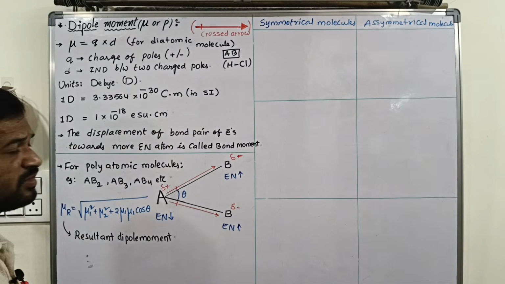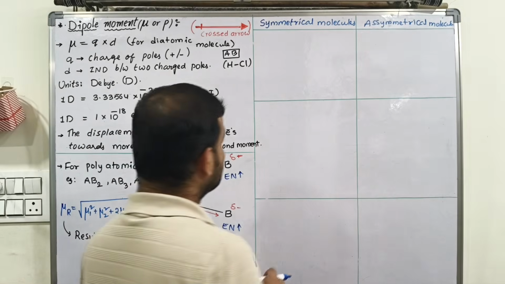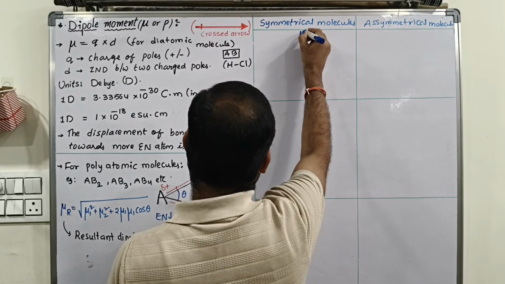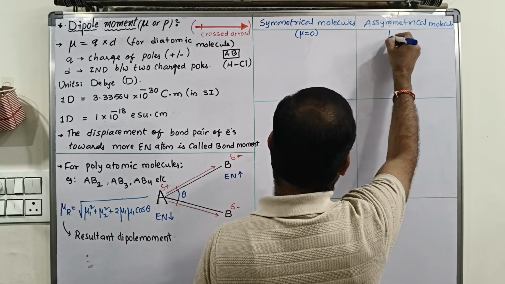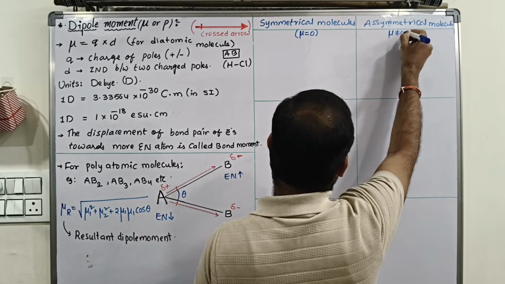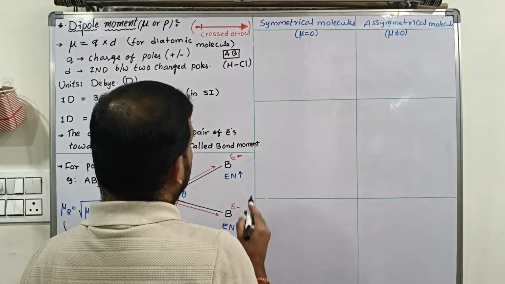For symmetrical molecules, mu is equal to 0. For asymmetrical molecules, mu is not equal to 0. Okay, now we will see some examples.